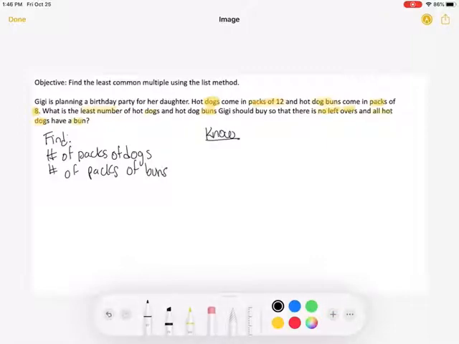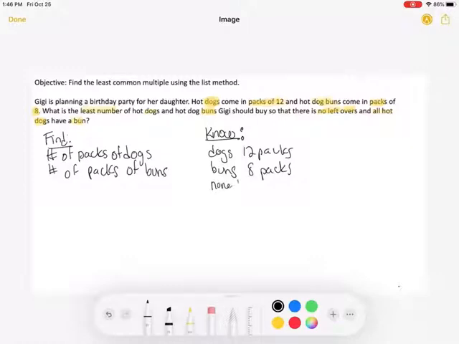Okay, and what do we know in this problem? This know is just what is going to help us solve this problem. So we know that dogs are 12 packs. Buns are 8 packs. Notice I'm not writing out sentences. I'm writing the least amount of information I can to still capture the most important.